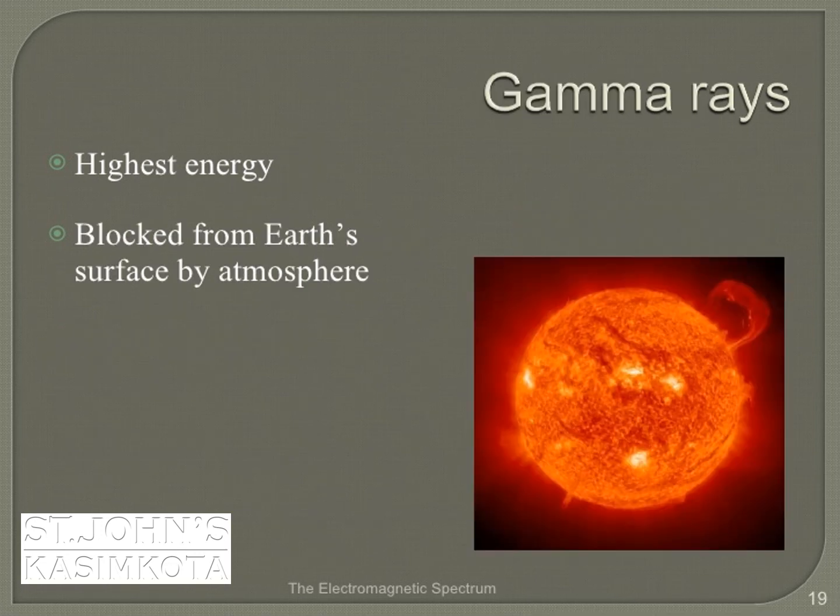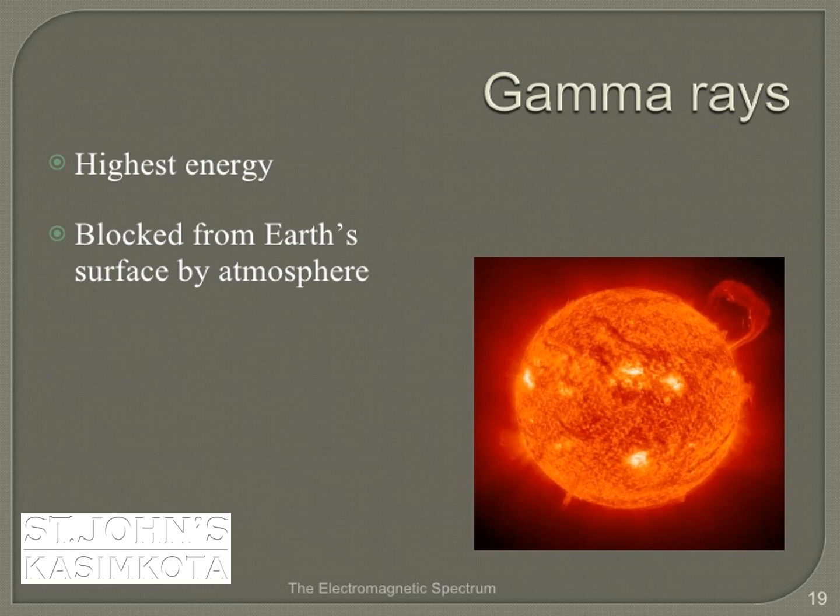Last but not the least, it is gamma rays. Gamma rays are the highest energy rays, and they are blocked from Earth's surface by the atmosphere. In general, gamma rays can be blocked by inches of lead, concrete or steel.